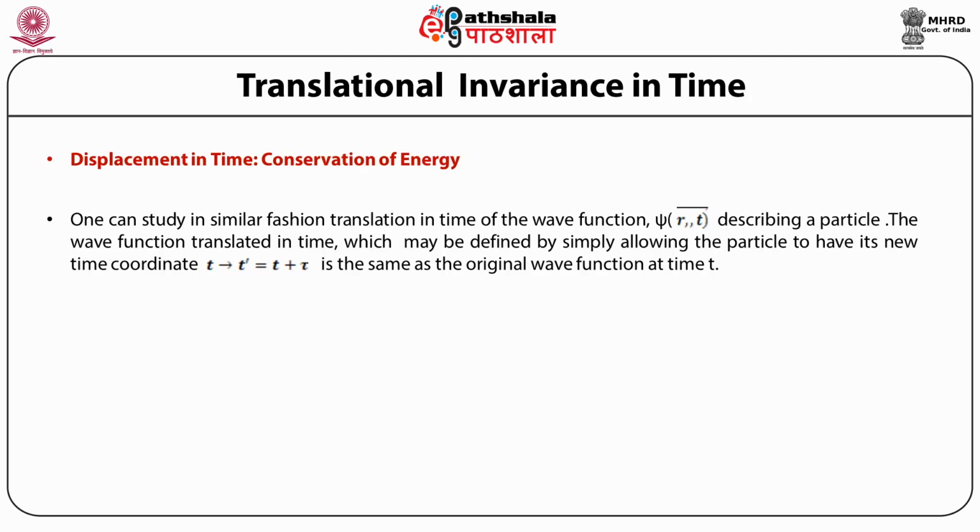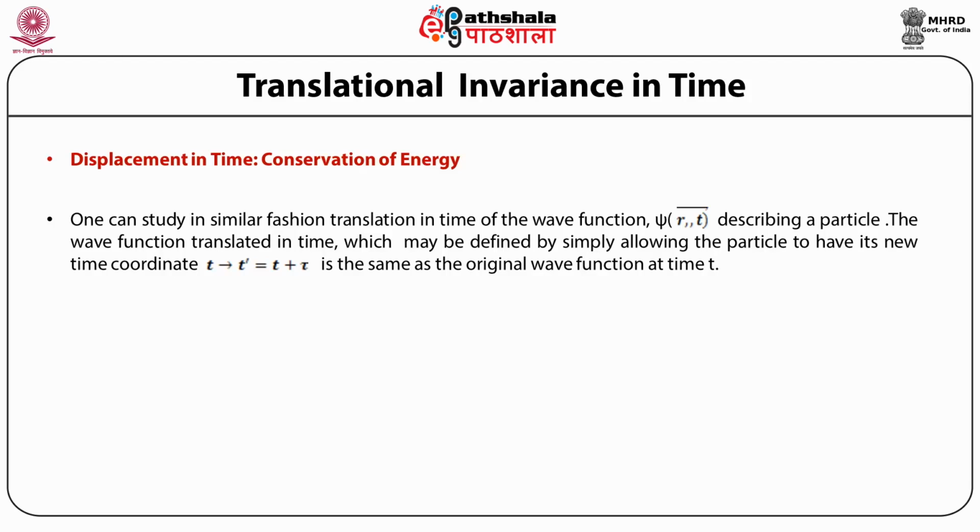The wave function translated in time may be defined by simply allowing the particle to have its new time coordinate, that is, the time coordinate now translates from time t to time t prime, where t prime is equal to t plus tau, and is the same as the original wave function at time t. That means wave function psi prime as a function of position vector r and time t prime is equal to wave function psi prime as a function of position vector r and time t plus tau.